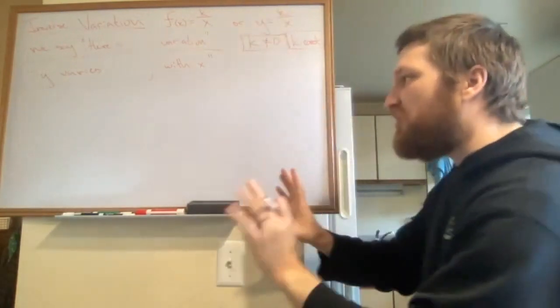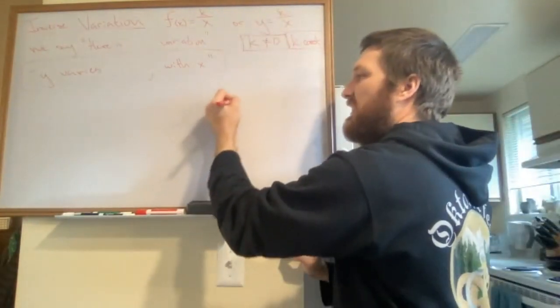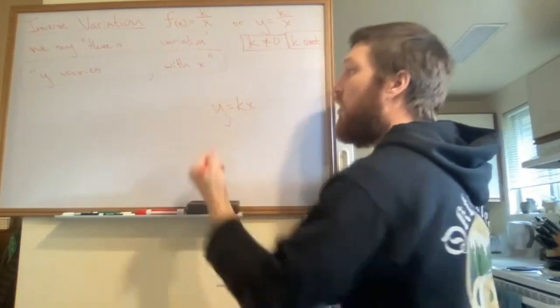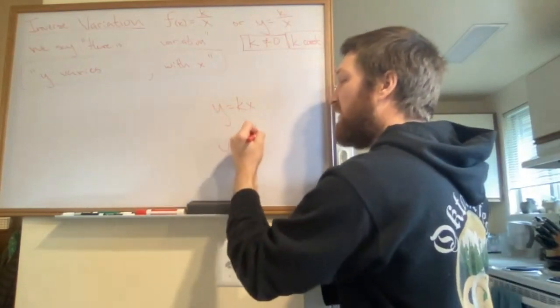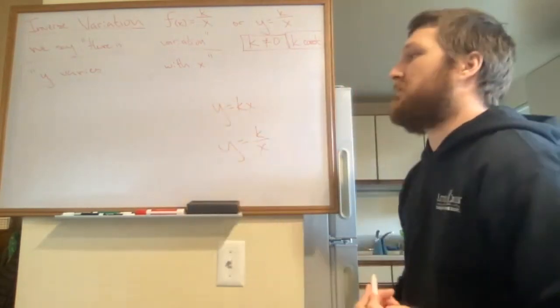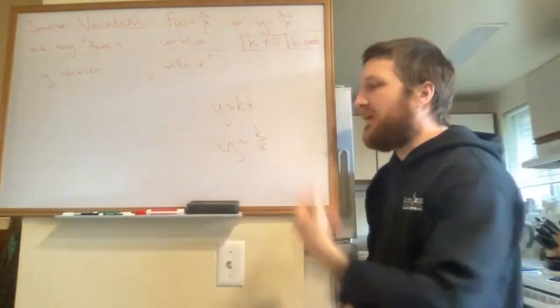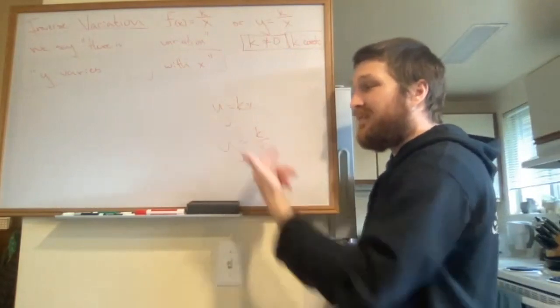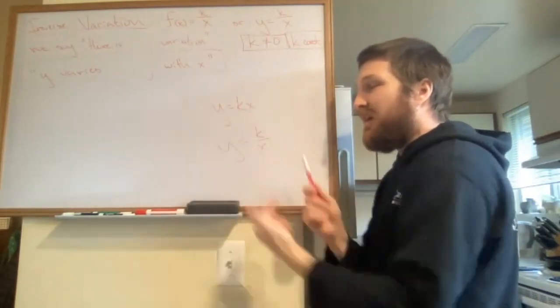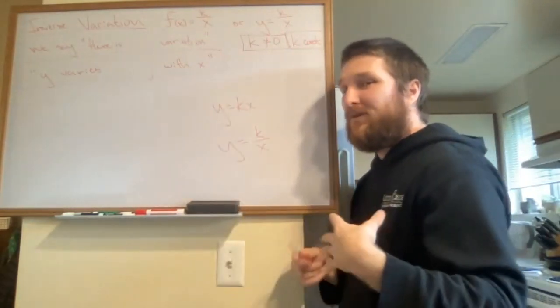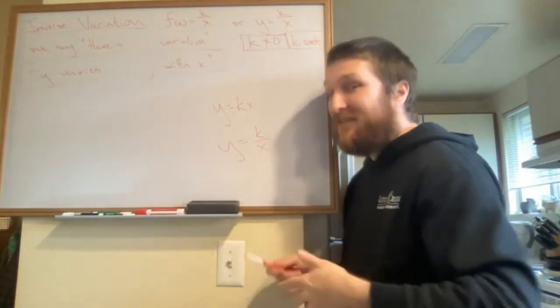So there's really two situations here. Either Y is going to equal some constant times X, or Y is going to equal some constant divided by X. Those are the only two possibilities. When it's inverse variation, you can kind of see the inverse here. If you think about multiplication, what's the inverse of multiplication? Division.